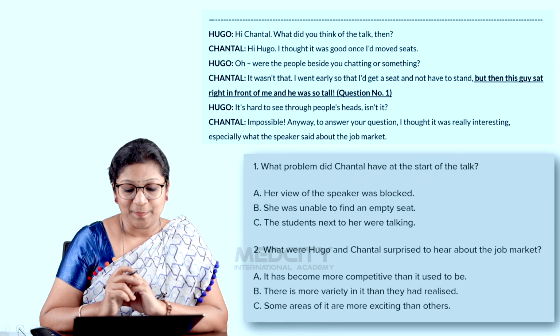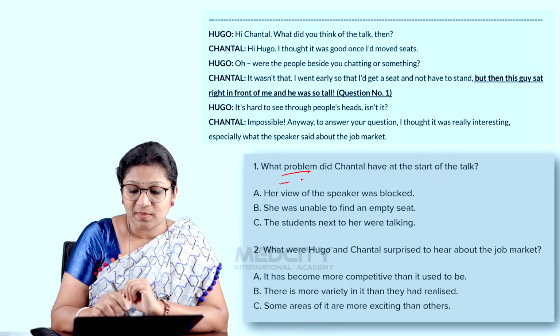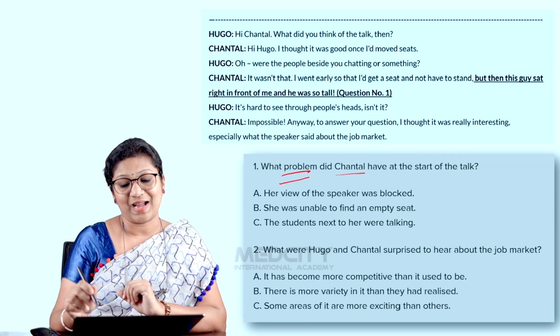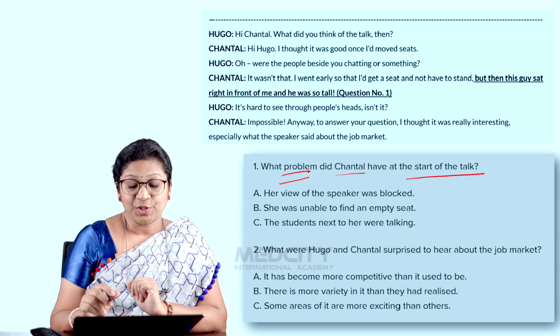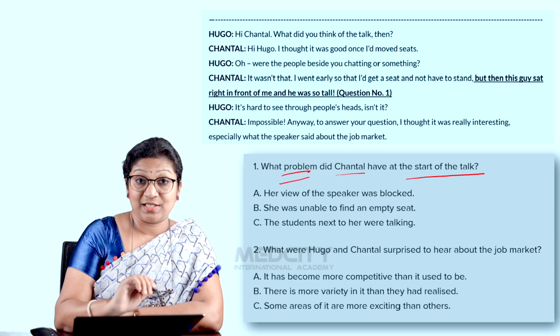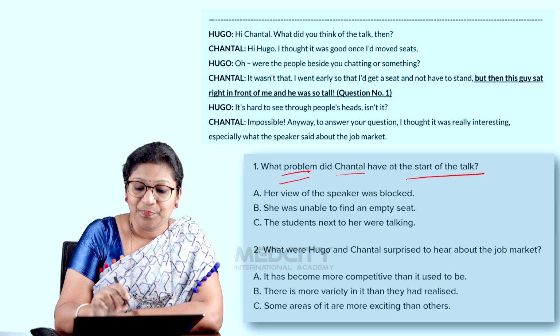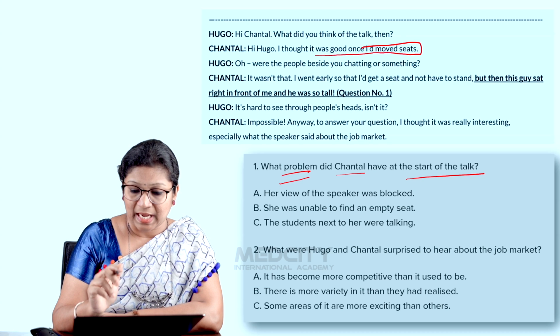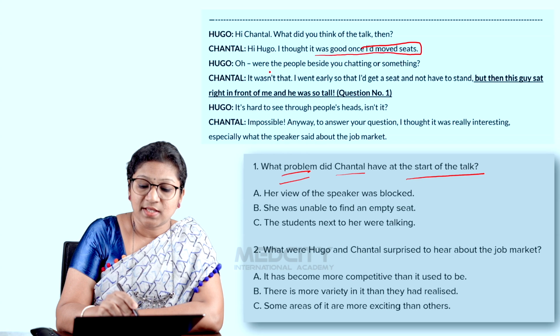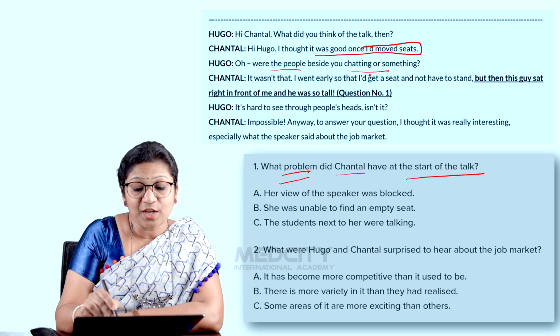The first one, what problem did Chantal have at the start of the talk? Now if you noticed, she was talking about, like the tape script is given to you here, it was good once I moved seats. So she had some problem before that. So Hugo says, were the people beside you chatting or something?